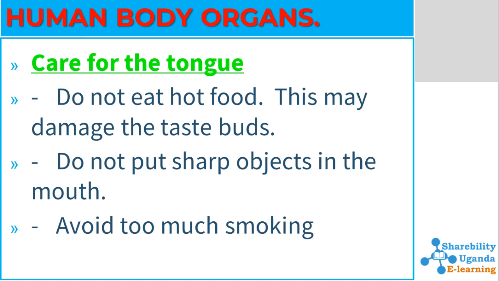Avoid too much smoking. When you smoke too much, remember the smoke is hot, therefore it may kill the taste buds of the tongue, and therefore your tongue will be left without the ability of tasting.